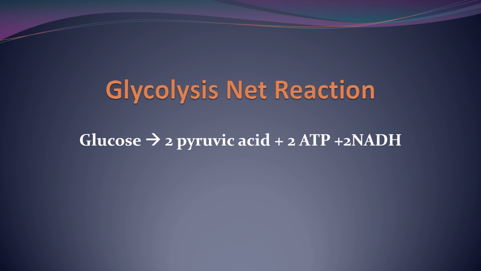Remember that those are our electron carriers. At this point in time, we're going to set that NADH over to the side, and we're going to use it in that 4th and final step. So these are our ins, glucose, and our outs, 2 pyruvic acids, 2 ATP, and 2 NADH that we're going to save for later.